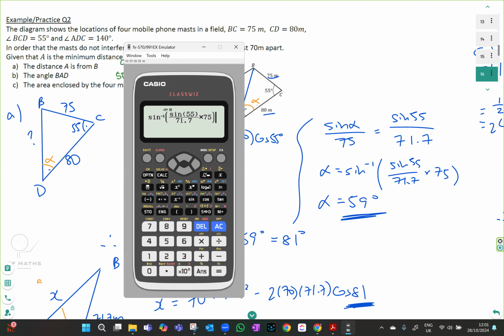Okay, so I got 58.96 degrees. If I want to use the full value, I can use the store. Can you see this STO button here? Once I press STO, I can choose these A, B, C, D, E, F, X, Y, and M. These are memory boxes, you can store values in them. So if I want to store in A, I just press this button here, minus. You can see the calculator automatically gives the answer to A.